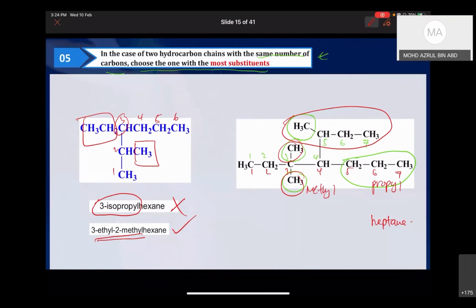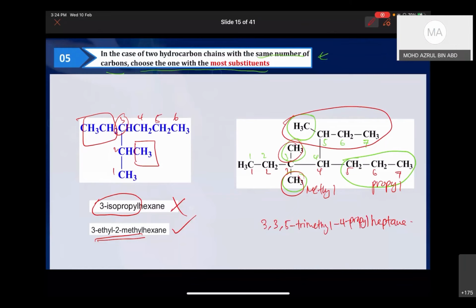Do I need to write down methyl or propyl? Methyl. Okay, methyl. So I can name it as 3, 3, 5 trimethyl, and then 4 propyl heptane.